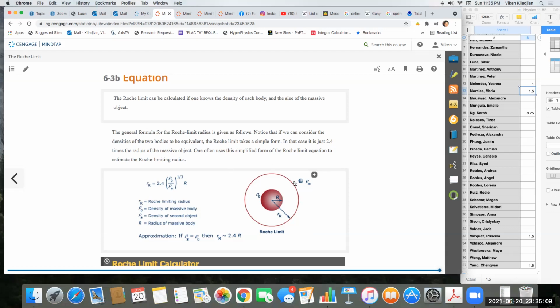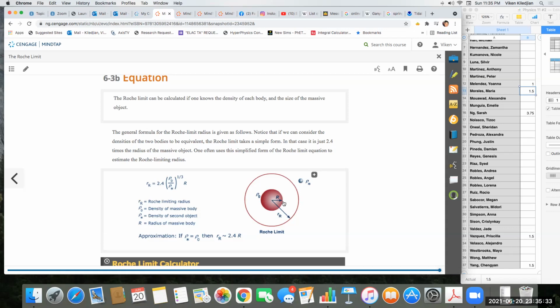You see? So if this guy was less dense than that and the Roche limit is here, it would already be broken into pieces right now. So a less dense moon has to go further out in order to survive, in order to stay as a moon. It perfectly makes sense, right? So the less dense this is, the worse it is for it to survive.